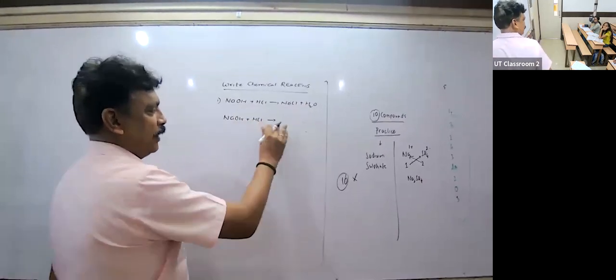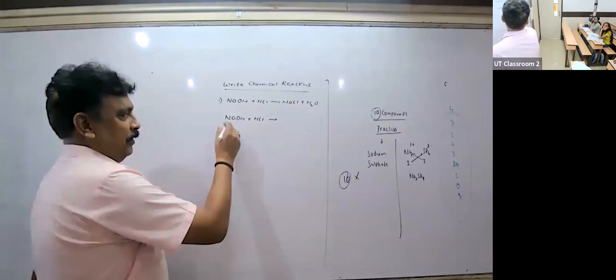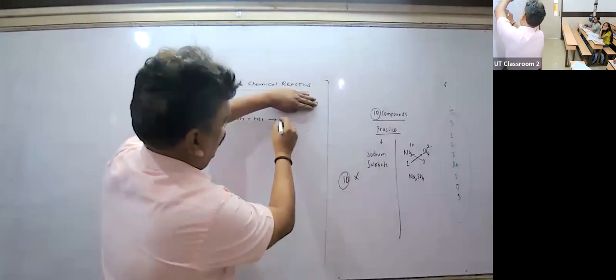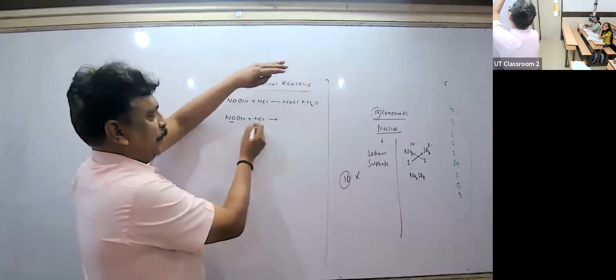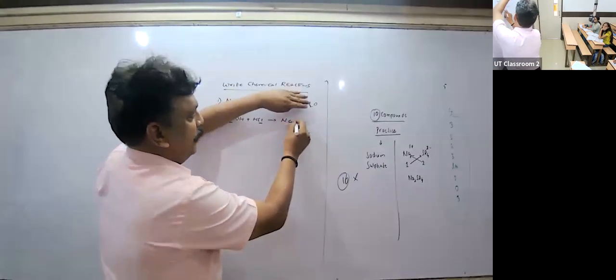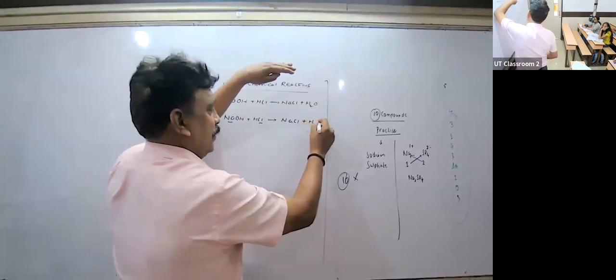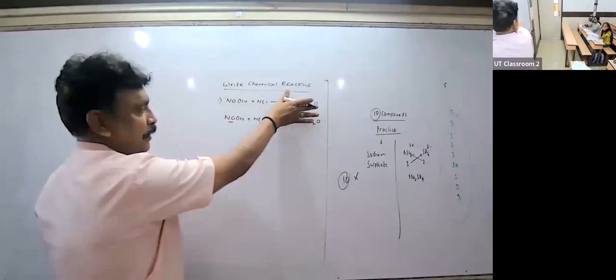Don't write products. Cover this up and then write NaCl. So positive ion will attract negative ion. So what do you get? NaCl. This H will attract OH. Then cover this up, and then write.